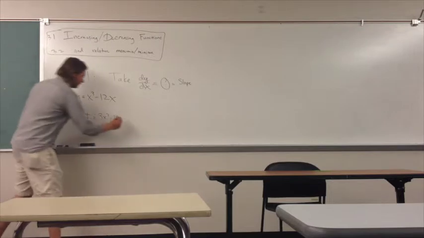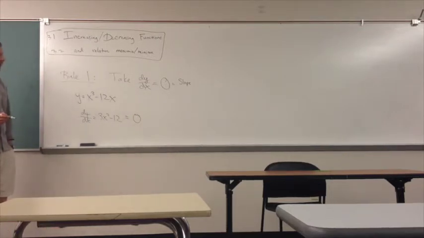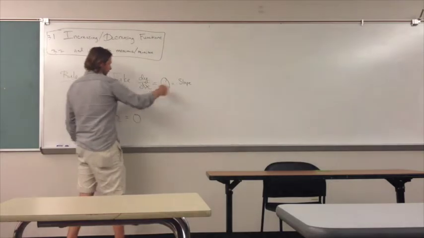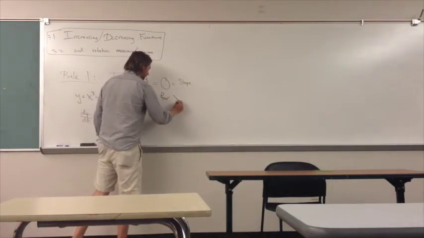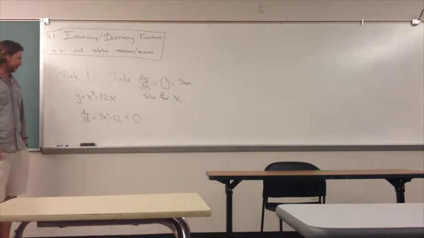Correct. You set the derivative equal to 0. Then what? Critical numbers. Solve for x. So take the derivative equal to 0 and then solve for x. If you can remember that, you're going to be able to do like 95% of the problems in this chapter.